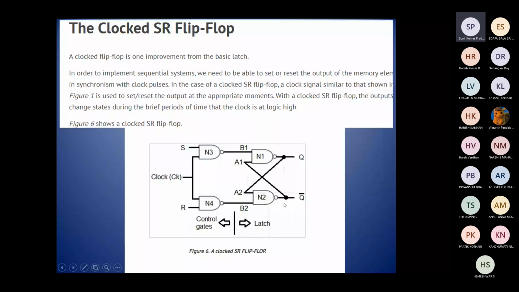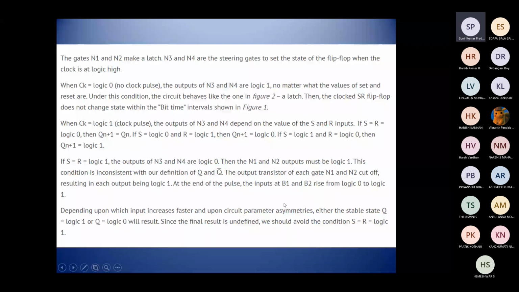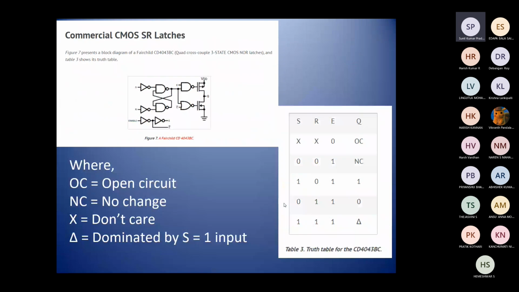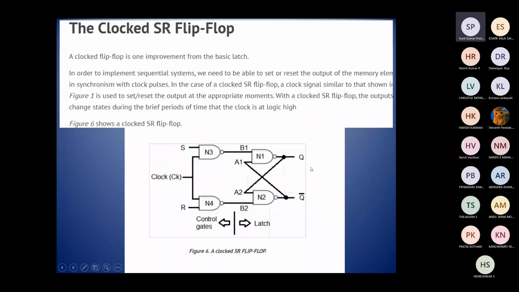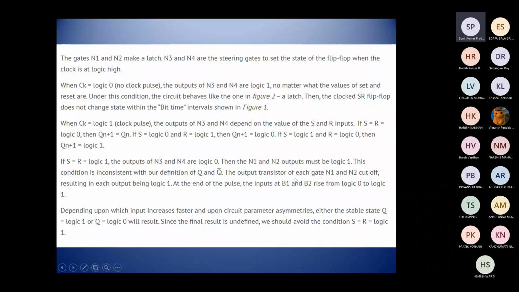Now, this condition is inconsistent with what we have defined for Q and Q complement, the outputs that we have seen here. So the output transistor of each gate N1 and N2 is cut off, resulting in each output being logic 1. Now at the end of the pulse, the inputs at B1 and B2 rise from logic 0 to logic 1.